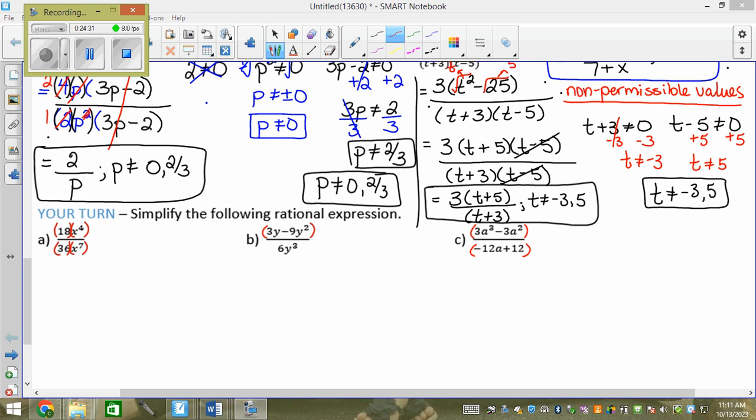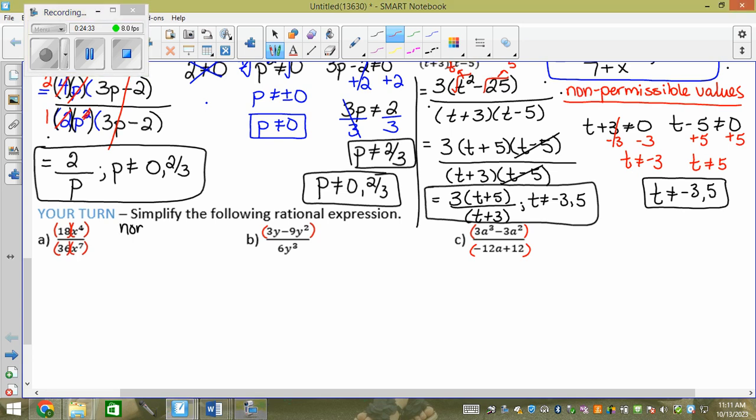But before we go and cancel stuff off, we have to state non-permissible values. Our first one is 36 can't equal 0, and then x to the 7 can't equal 0. Now, 36 can't equal 0 is a statement.